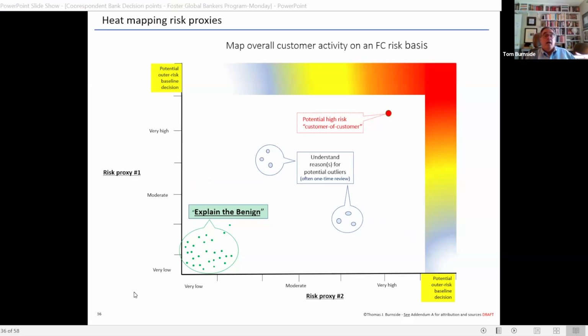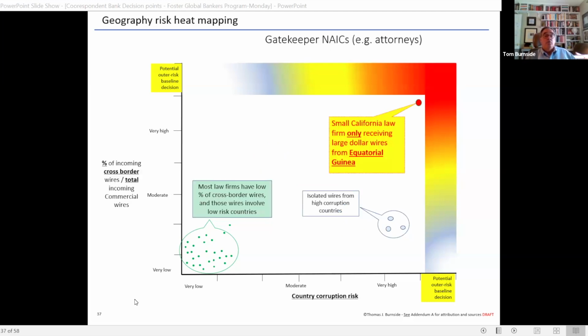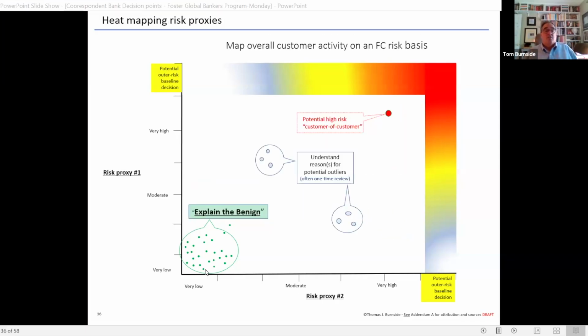And then what you do is you want your least risky customers, in the way that you're designing these axes, to be in the lower left-hand quadrant, where I have explained the benign. And hopefully, if you do it right, you'll have most of your customers as dots in that quadrant.